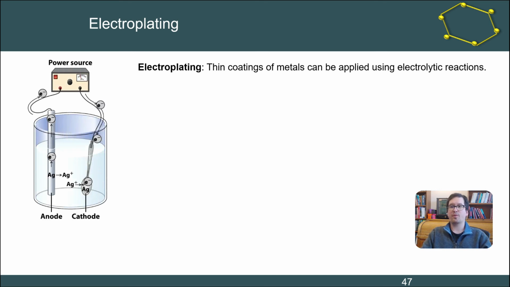Alright, so here's an example of how this works. We'll again have ions in solution. In this case, we're making a silver spoon. On the anode side, we have just a 0 valent silver anode that's going to be slowly eaten away, become silver ions.